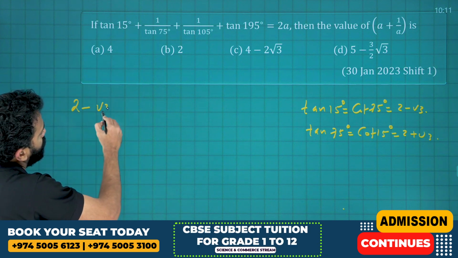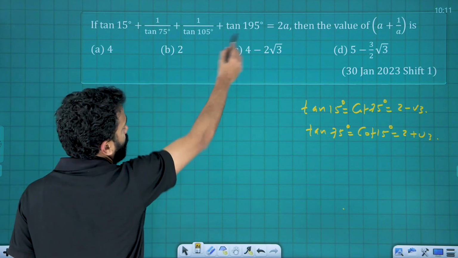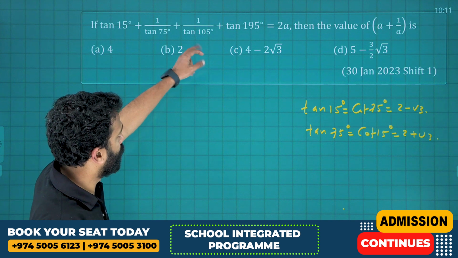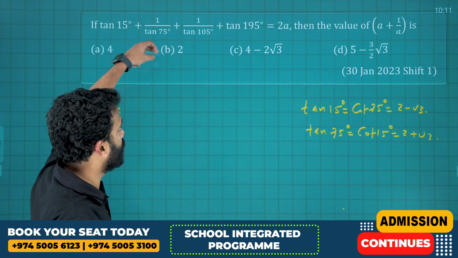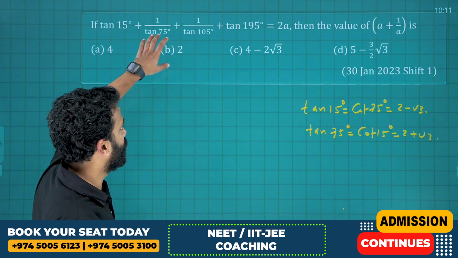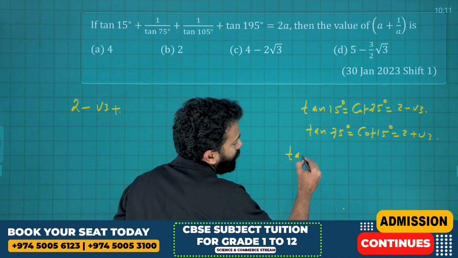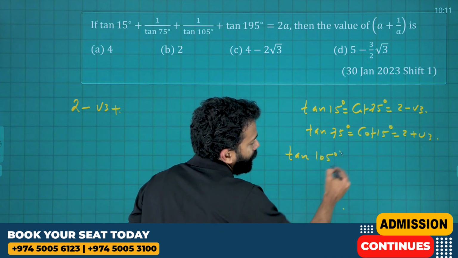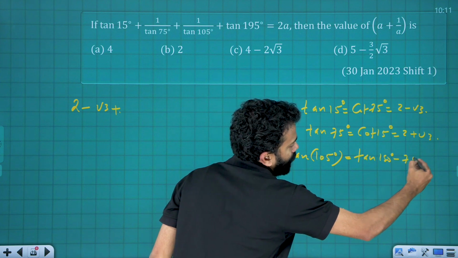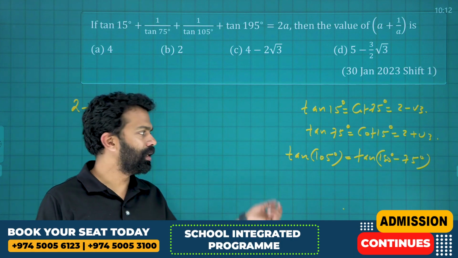2 minus root 3 plus 1 by tan 75, and here we have tan 105. What are you going to do for 1 by tan 75 and 1 by tan 105? Actually, we have to do nothing there. I will show you why. Because tan 105 degree can be written as tan of 180 degree minus 75 degree. 180 degree means pi.